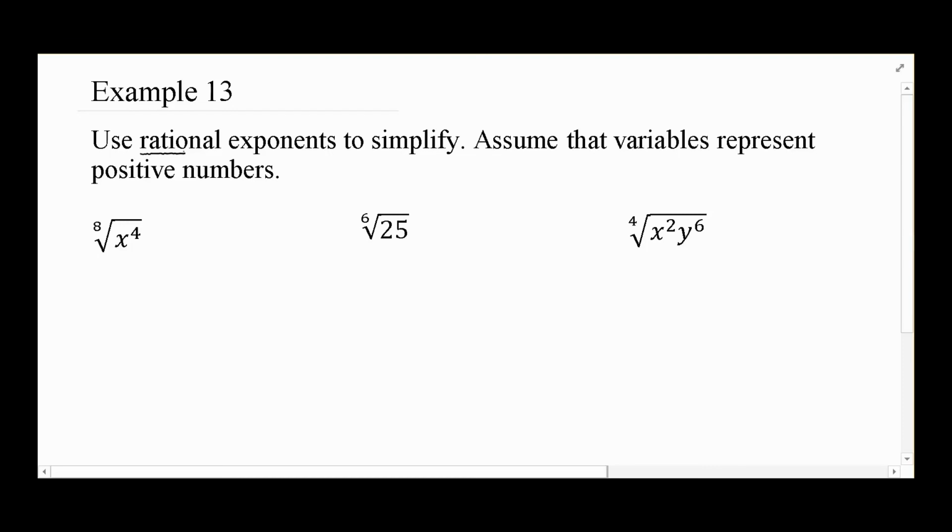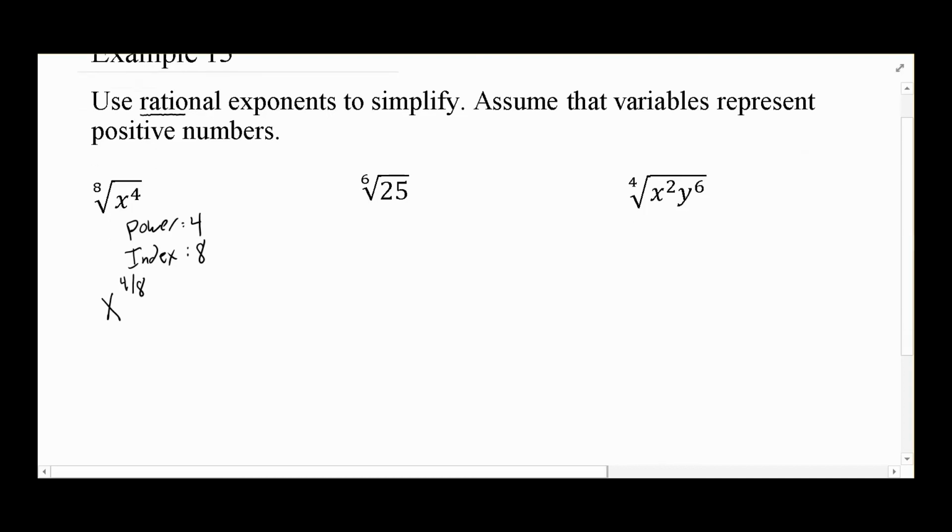The first step is let's use rational exponents. So the first step of this first problem is to say my power is 4. My index is 8. So I'm going to write this as x to the 4/8. Now let's simplify.